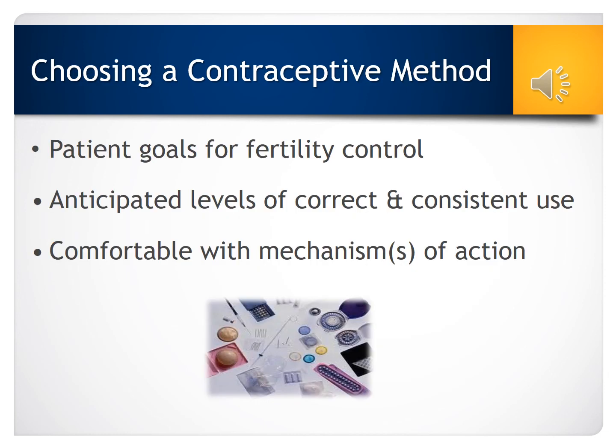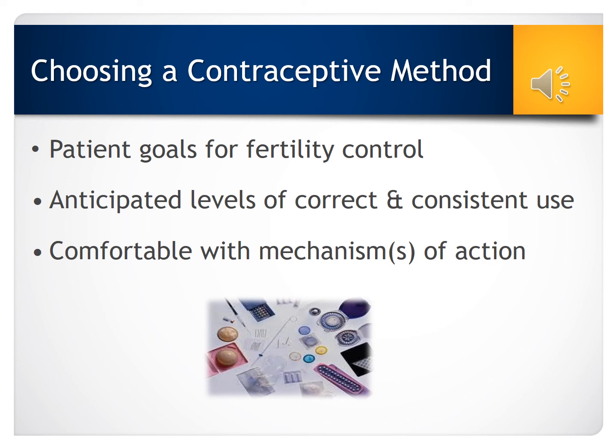When helping a client choose a contraceptive method, it is important that we as nurses elicit and respect the patient's choice, noting the goals for fertility control, talking about the anticipated levels of correct and consistent use, and making sure that our clients are comfortable with the mechanisms of action.